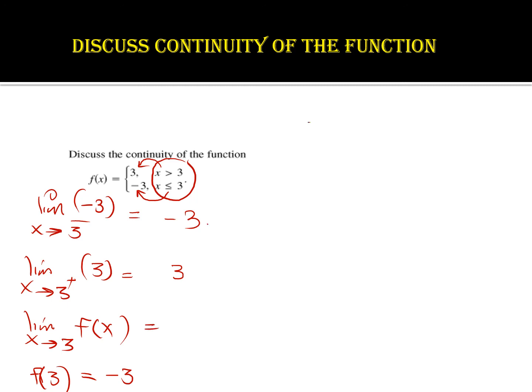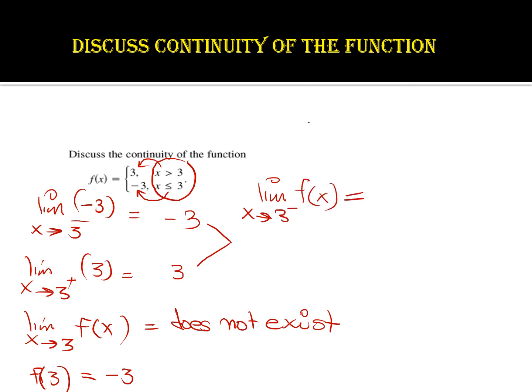And if both the limits are not equal, you will write that the limit as x approaches 3 from both sides does not exist. Now write down the first situation, that means the limit as x approaches 3 from the left side is not equal to the limit as x approaches 3 from the right-hand side.